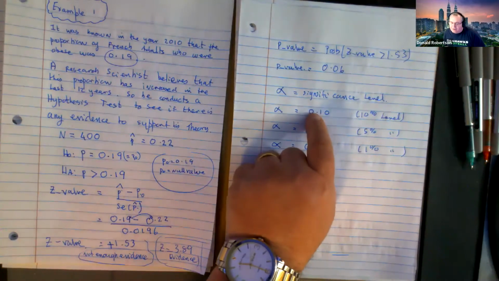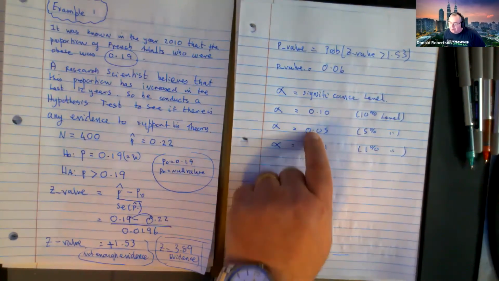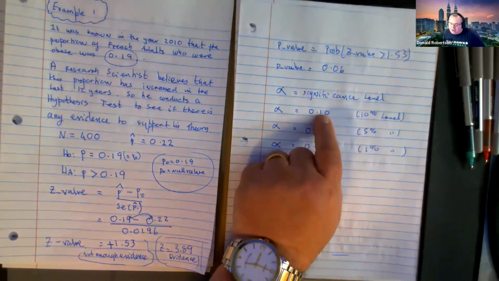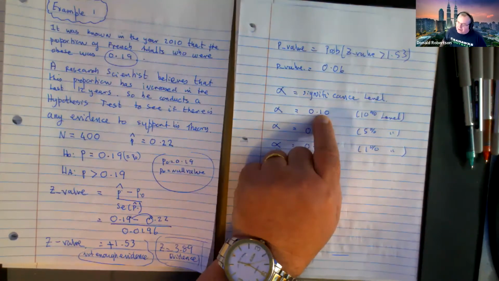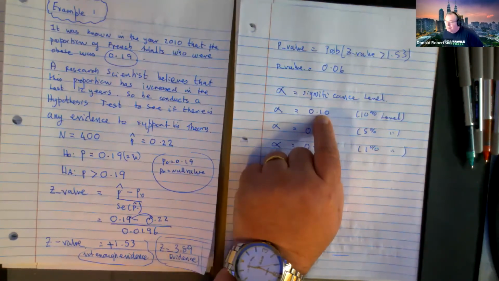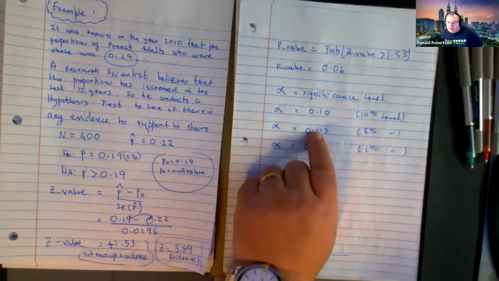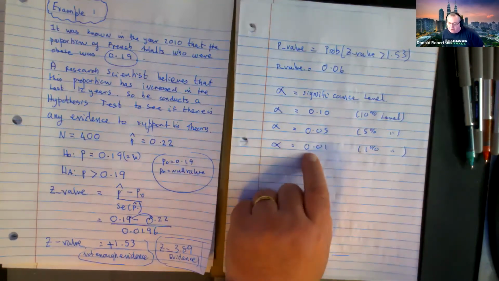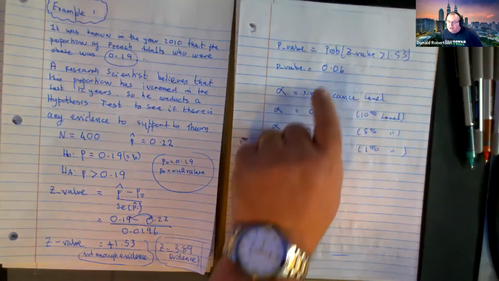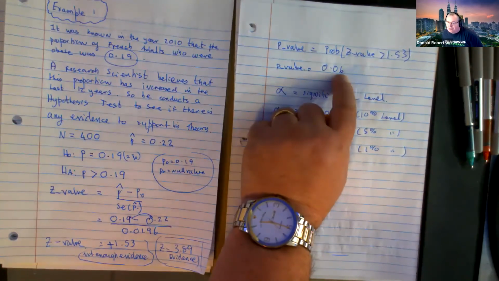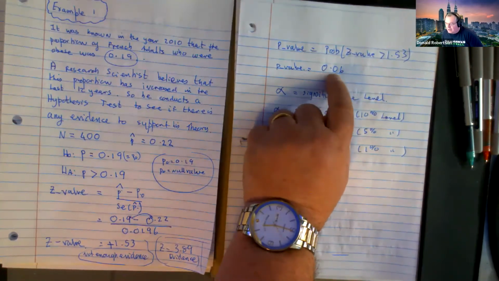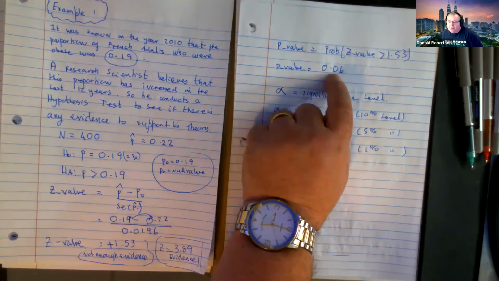By the way, this alpha is your type 1 error. So if I choose this one, my conclusion will be wrong 10% of the time. So if I say something and I've proved it, well, 90% of the time I've proved it and it's right, but 10% of the time I'm going to be wrong. If I use this one, it's 5%. If I use this one, it's 1%. This p-value is the percentage of the time I would get it wrong essentially as well. That's another way of looking at this.